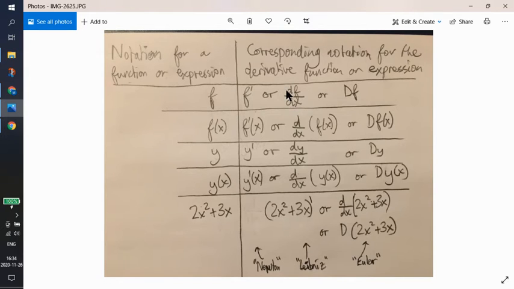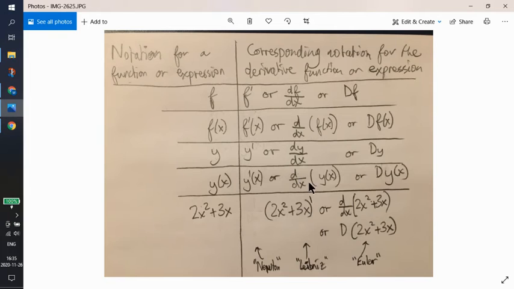So basically, you write d by dx to denote a derivative. So if the function is called f, you could call it df by dx. Or for the expression, d by dx, parentheses, f of x. Or if we're calling it y, then dy by dx, and so on.